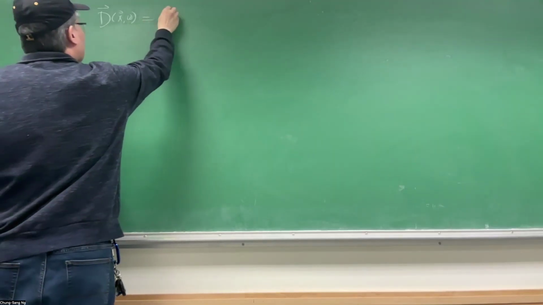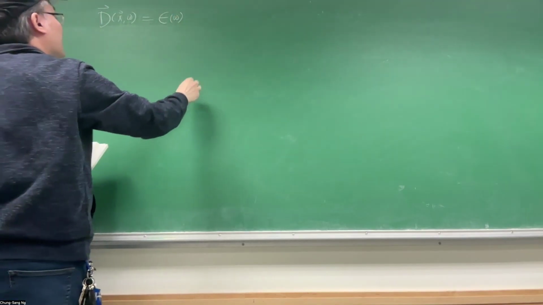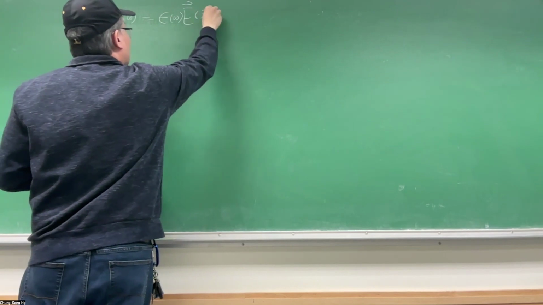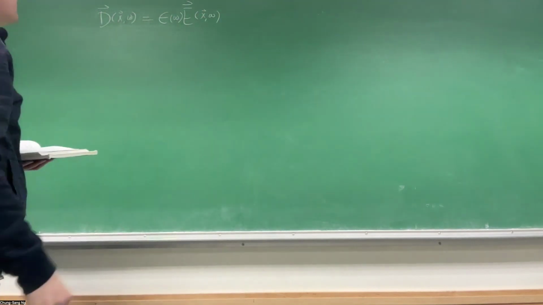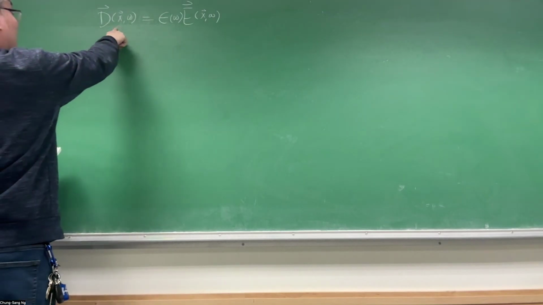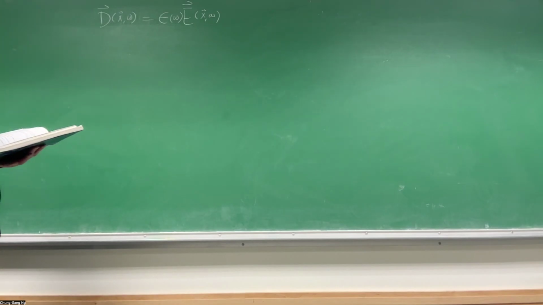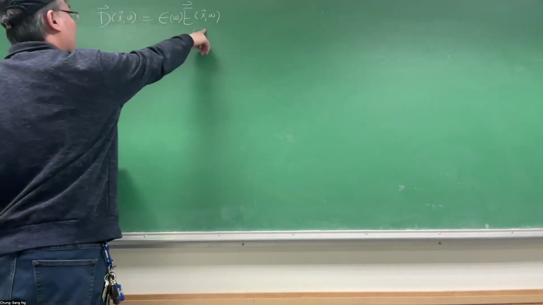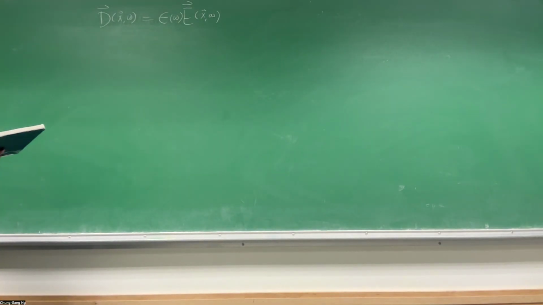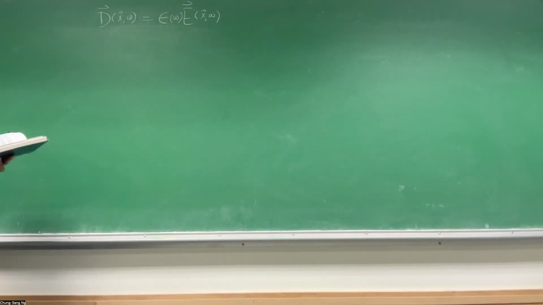For a given omega, there's epsilon multiplied by the electric field of that frequency. Basically this is like the Fourier transform of the displacement field, D field, and this is the Fourier transform of the electric field, and they relate by this epsilon that depends on omega.